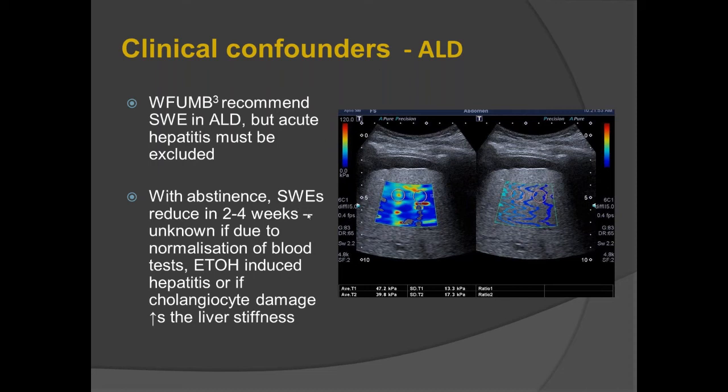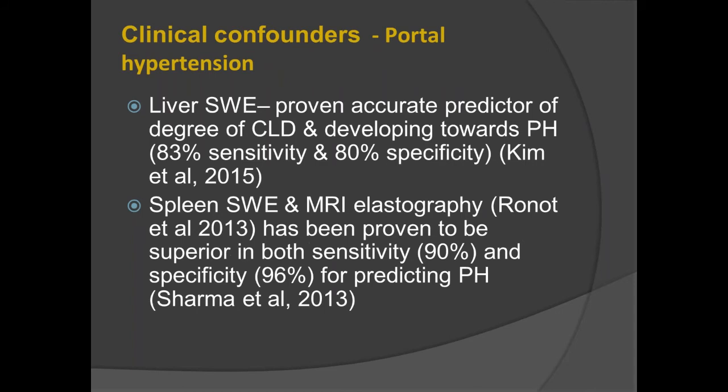One of the most challenging uses for shear wave is really in the ability to predict portal hypertension. So we know that when a patient has portal hypertension, it really impacts on the patient's ability to have a good prognostic outcome because of the development of varices and other things.